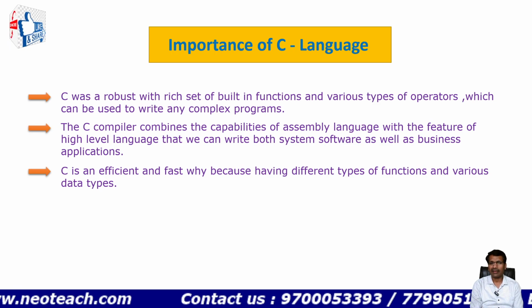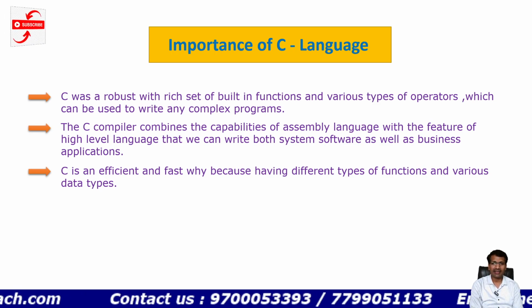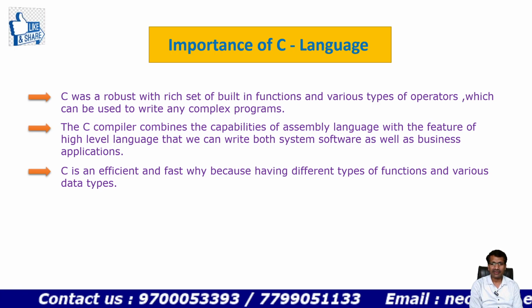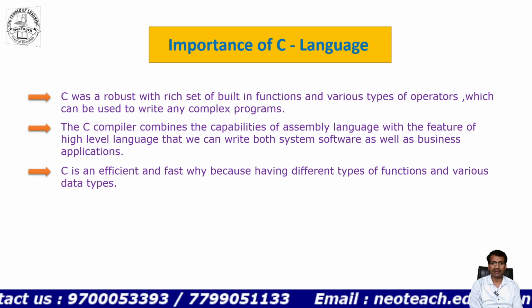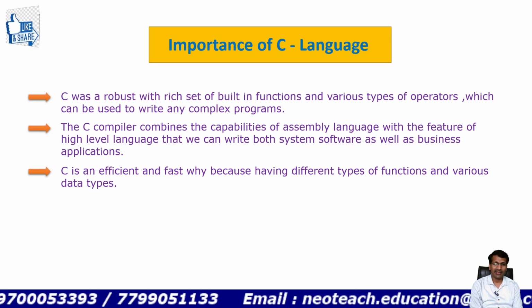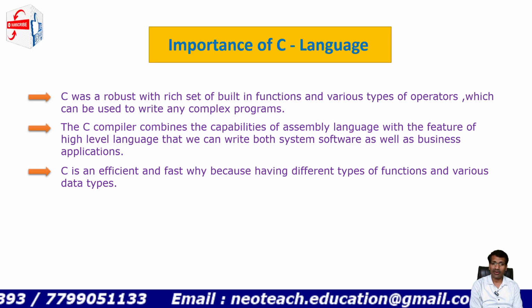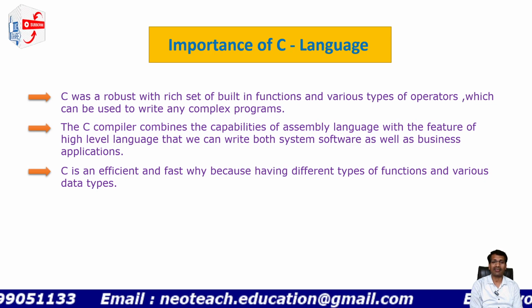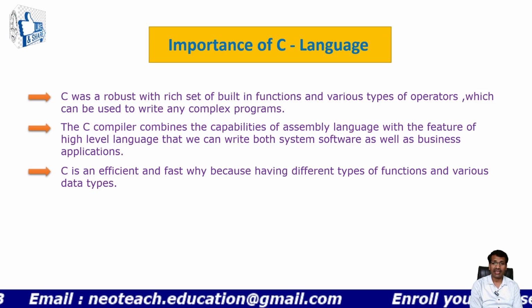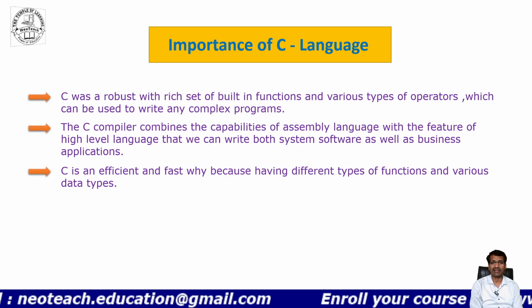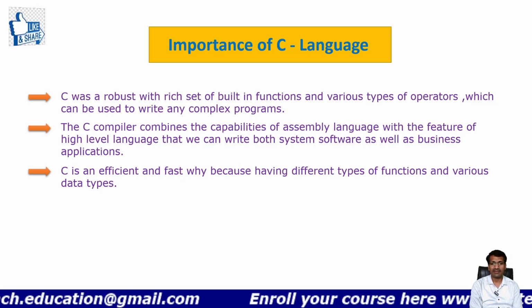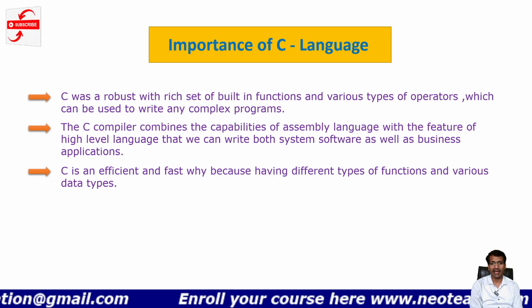For example, even 0.001 is not ignored, because float is there, double is there. We consider even such smaller values. That's how we develop programs in an efficient way.